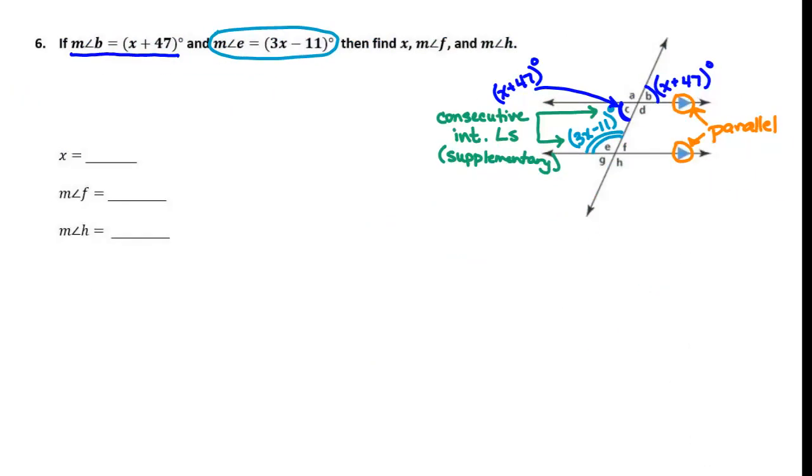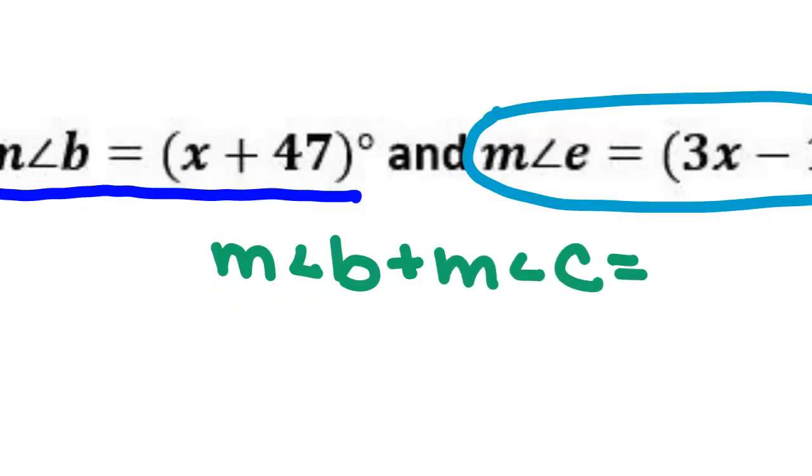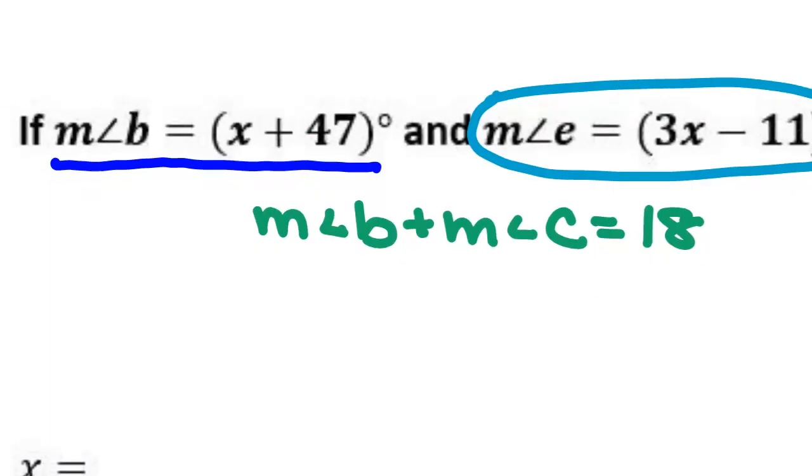And supplementary means they add to 180 degrees. So I can say the measure of angle B plus the measure of angle C equals 180 degrees. Sorry, not B and C, I wrote the wrong thing. I got ahead of myself. The measure of angle C plus the measure of angle E. I was adding B and C, but those are verticals.